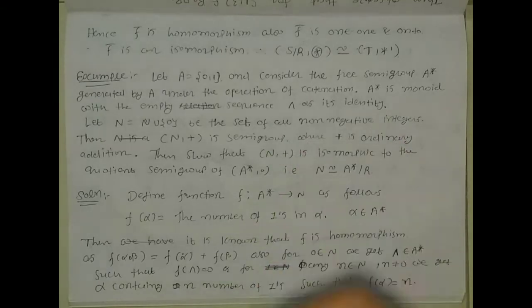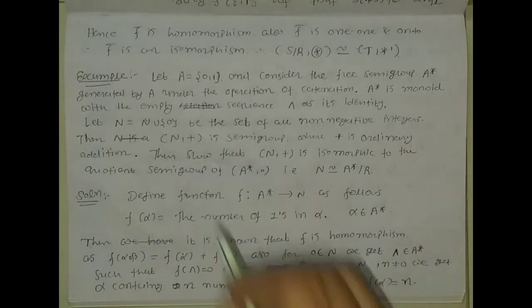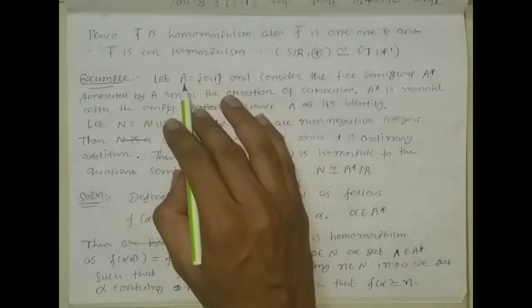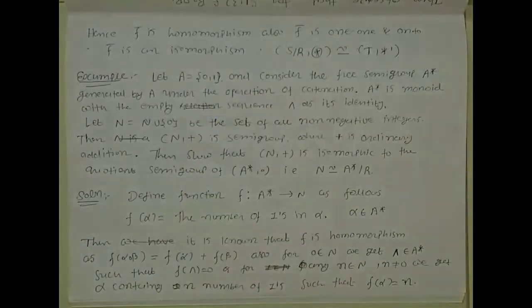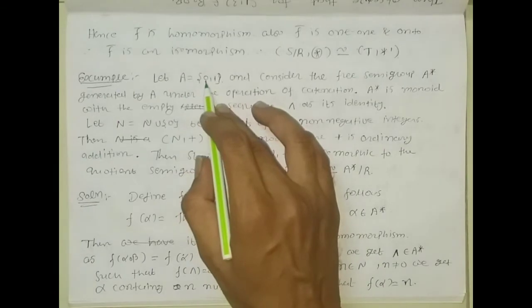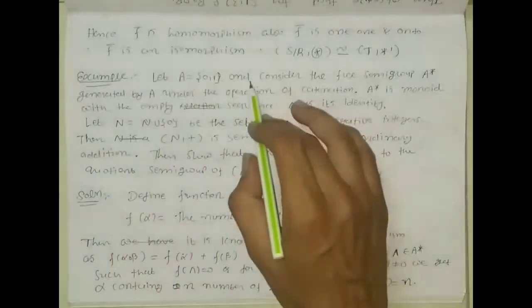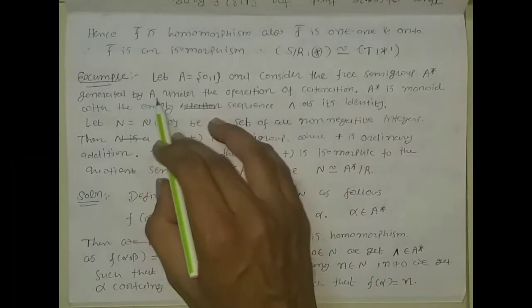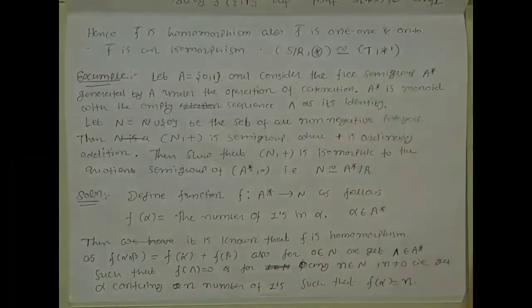Now let us consider an example related to this theorem. So the example is, let A be equal to the set of 0 and 1. Set A contains two elements 0 and 1, and consider the free semigroup A star generated by A under the binary operation catenation.